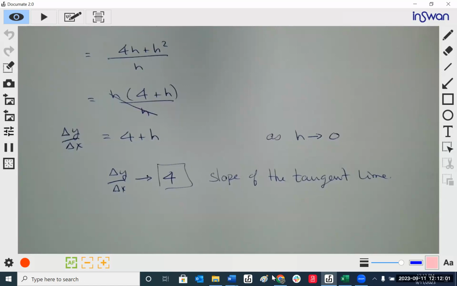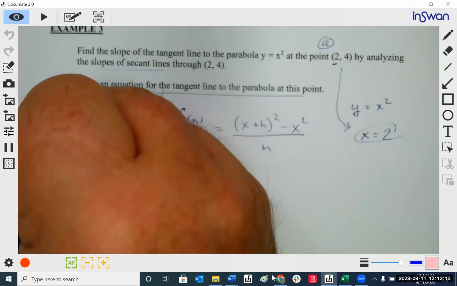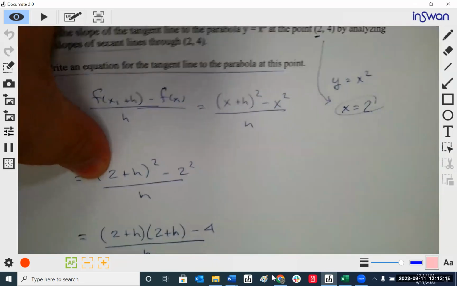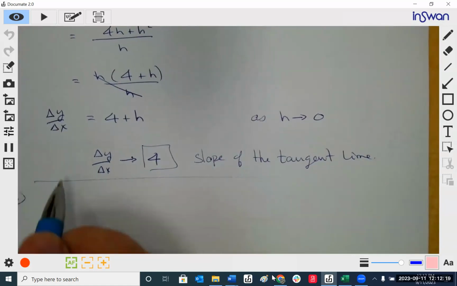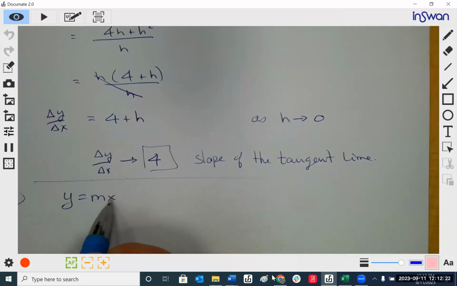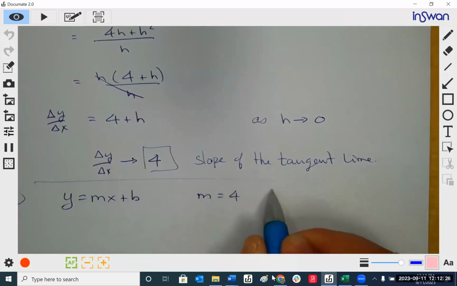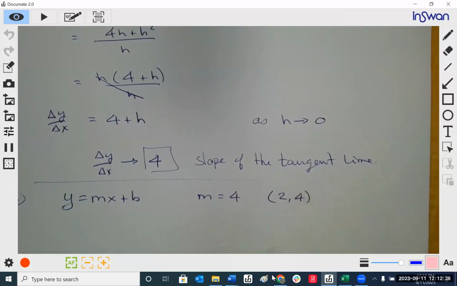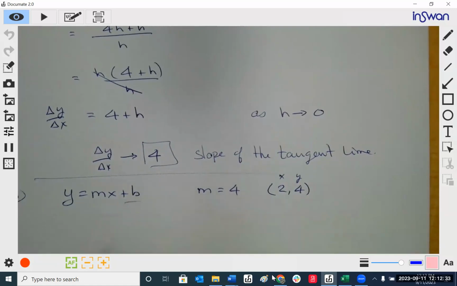How do we find the equation of a line? This was A. 4 equals. So to do B, we're looking for y equals mx plus b. We know m is 4 and the point is (2, 4). That's x and that's y. The only thing we don't know is the y-intercept.